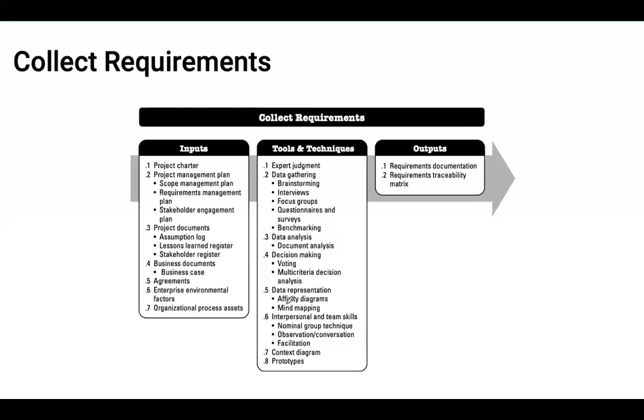Data representations: affinity diagrams, which will allow us to group requirements in certain families, and mind mapping to create a visual representation of relationships between the requirements. Then the context diagram, which might indicate a way for a thing to be produced, something like a process map within a process. Prototypes, which are kind of self-explanatory. And as an output, we're going to have requirement documentation and the requirement traceability matrix.